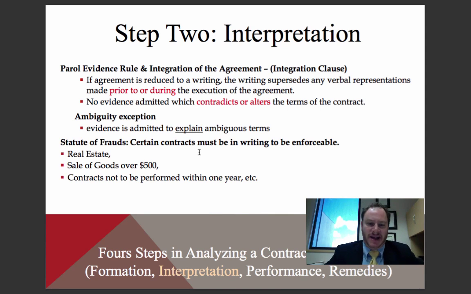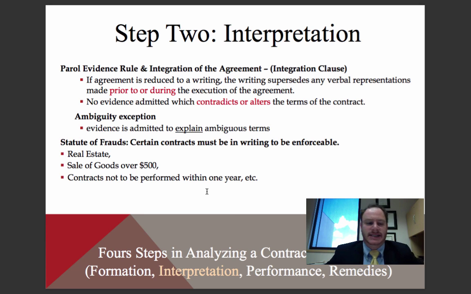So the only way to challenge this contract now in court would be to show that the contract in some way, shape, or form is ambiguous, and that new evidence would clear up that sort of misunderstanding.